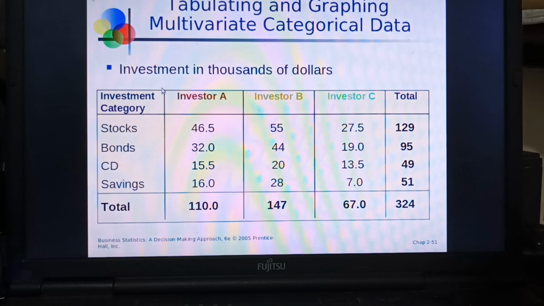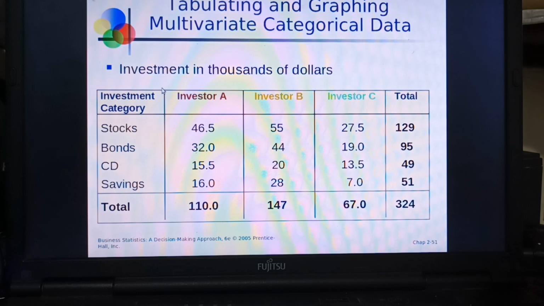Now, about tabulating and graphing multivariate categorical data. Here, this again is the investment portfolio in thousands of dollars.